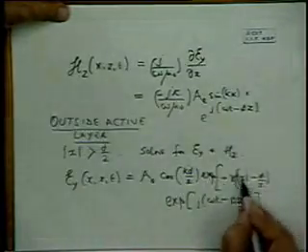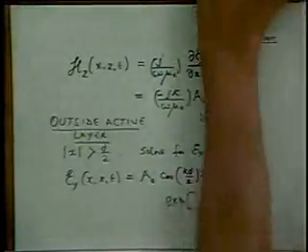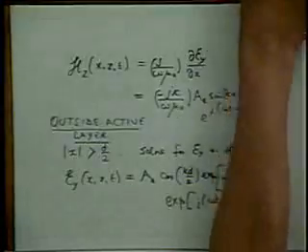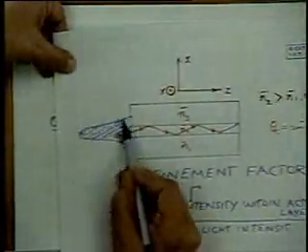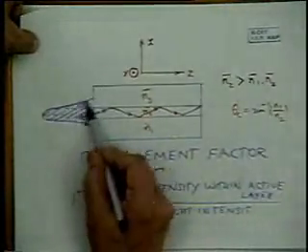This is a diminishing term because, as we saw here, the intensity here is decreasing as you go into the barrier layer.